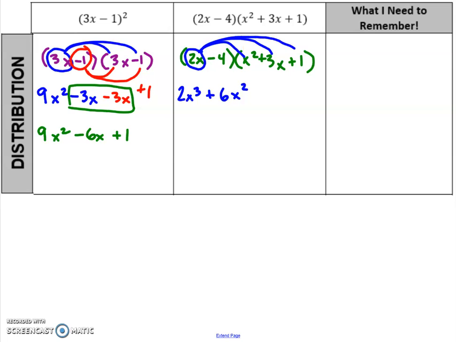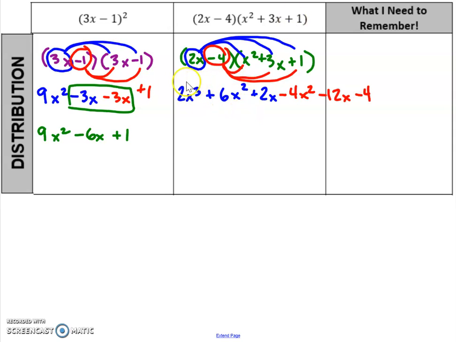And then 2x times 1 is going to be 2x. And we're ready for our second term. Negative 4 times x squared is negative 4x squared. Negative 4 times 3x is negative 12x. And negative 4 times 1 is negative 4. Whew, lots of work there.